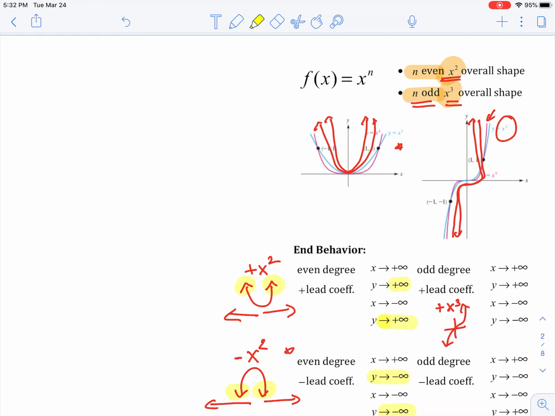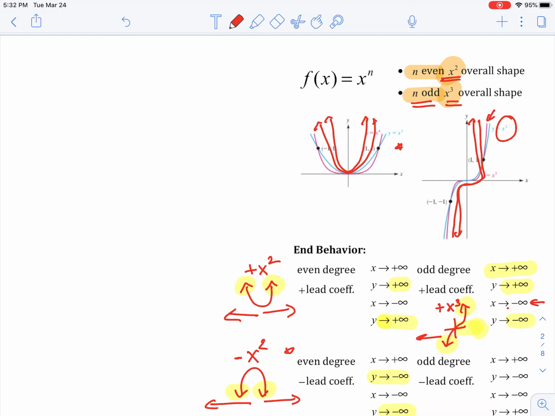As our x's are going towards a positive infinity, then we know that our y values are also going towards a positive infinity. The end of our graph is going up. Versus as our x's are going towards a negative infinity, our y values are going towards a negative infinity. The end of our graph is going down as we are going towards the left.